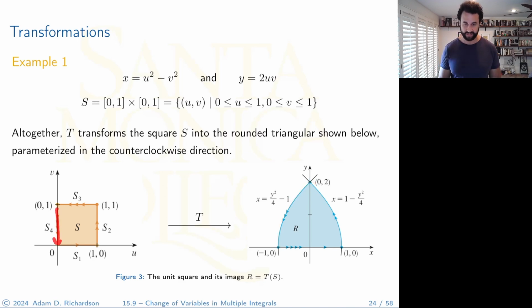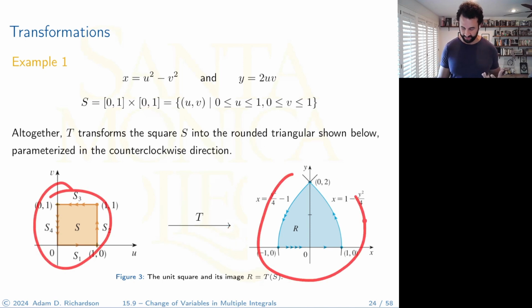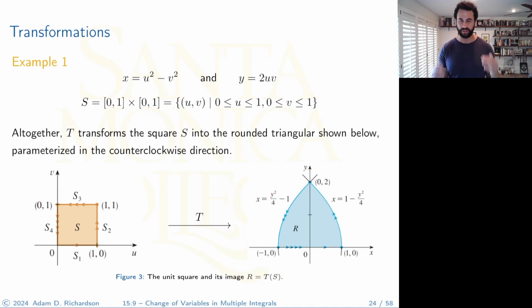S4 went like this, and the image of S4 goes like that. So the transformation T is deforming the square into this scale-like region, this rounded triangular thing, which looks kind of like a fish scale. So that's what we're talking about when we talk about these transformations, taking this and mapping it to this.